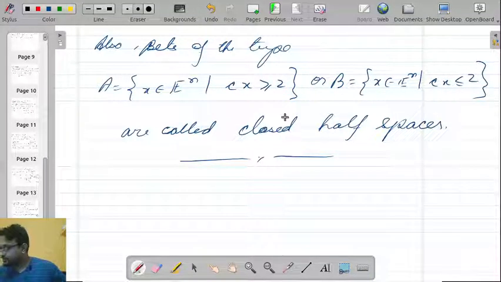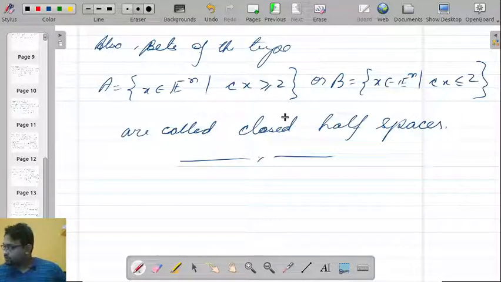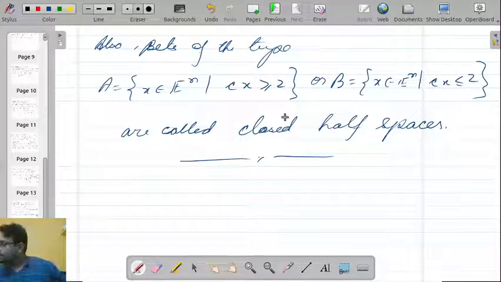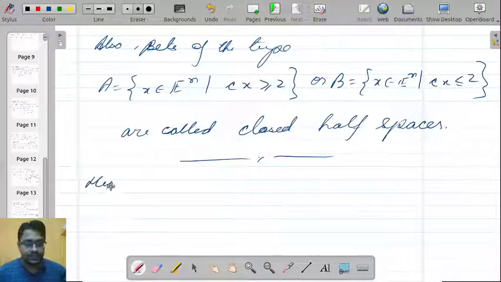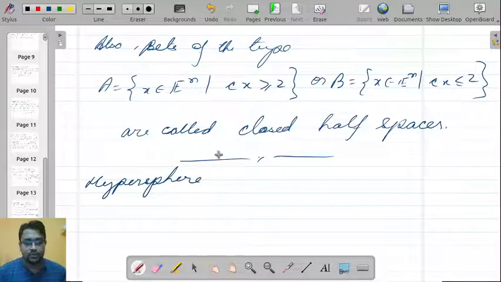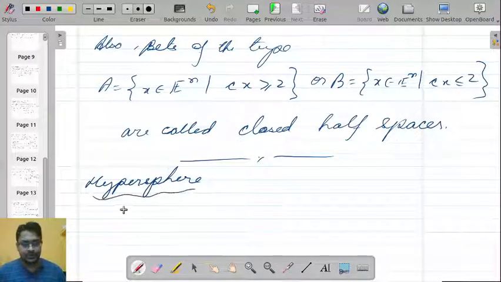Next we can define what is called a hypersphere. We generalize the concept of circle and sphere, and that is called hypersphere. So how do you define a hypersphere?